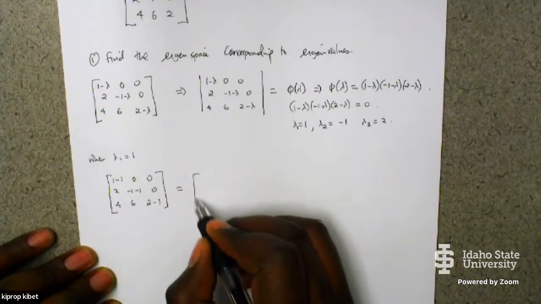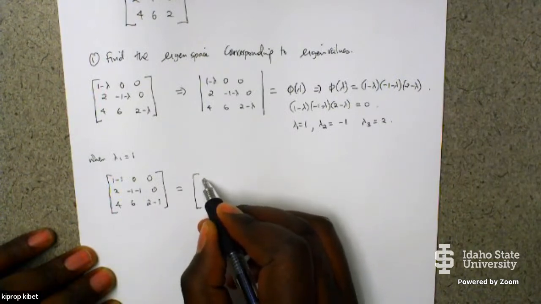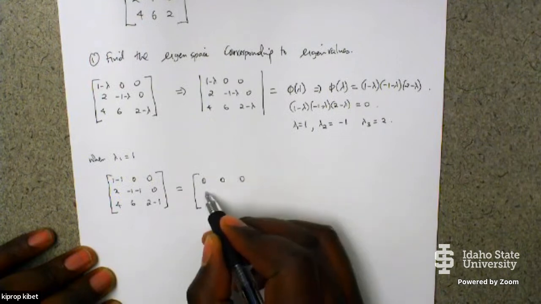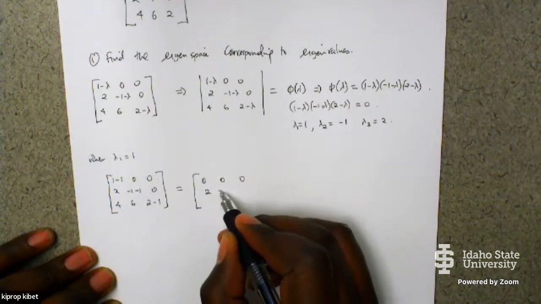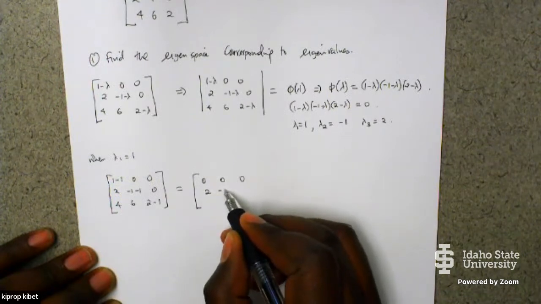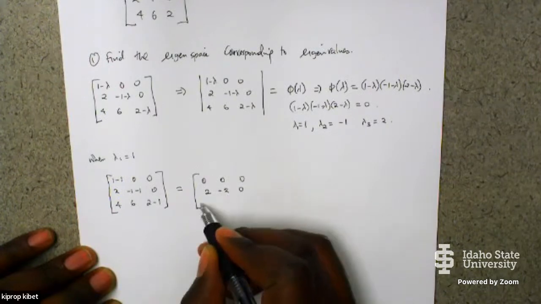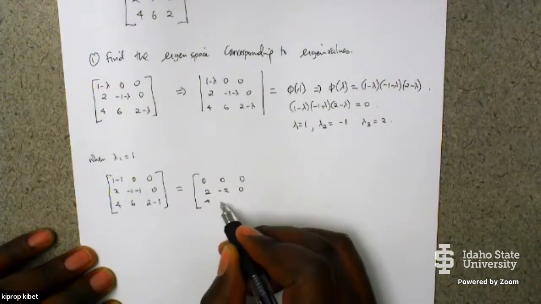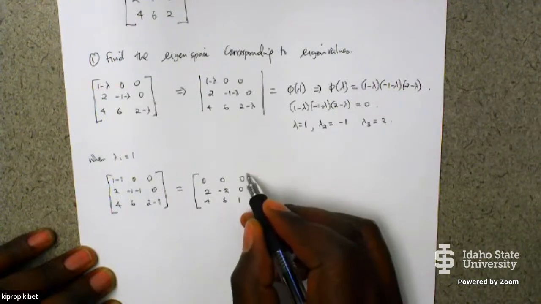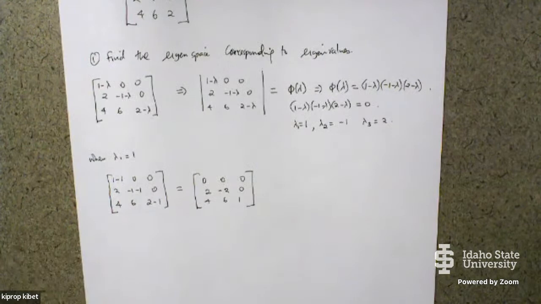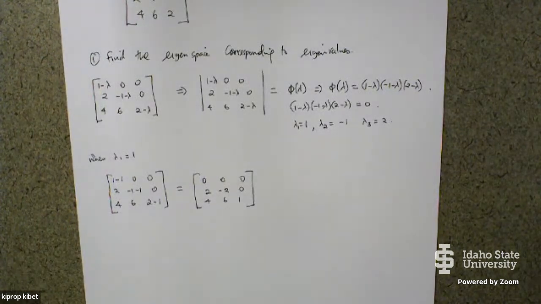Then what we get here is 0, 0, 0; 2, minus 2, 0; and 4, 6, 1.